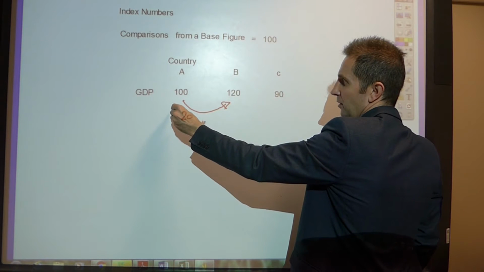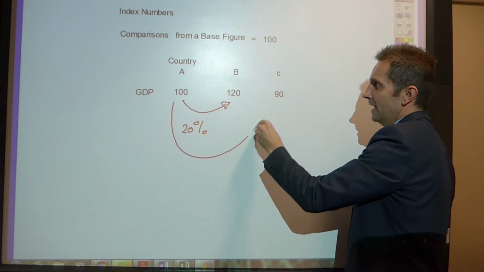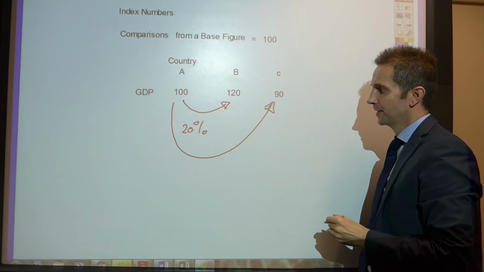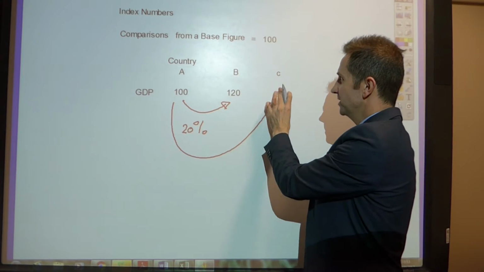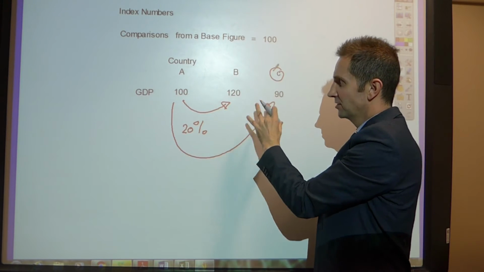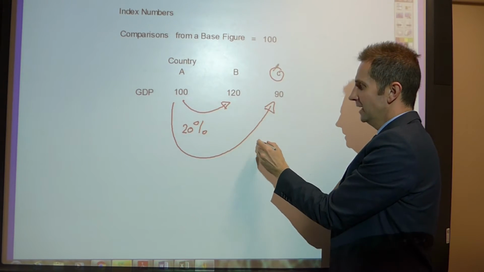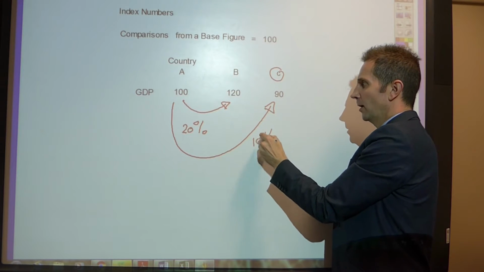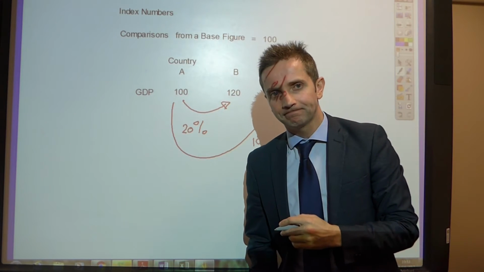If we were making a comparison between country A and country C, we would be saying that country C's, small c here, you can see for a reduction, is 10% lower than country A's.